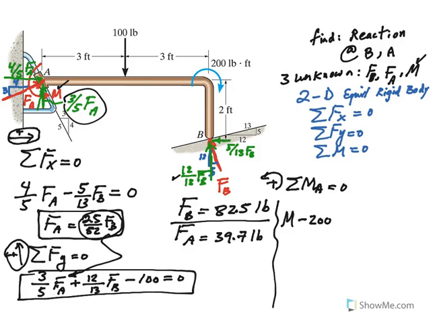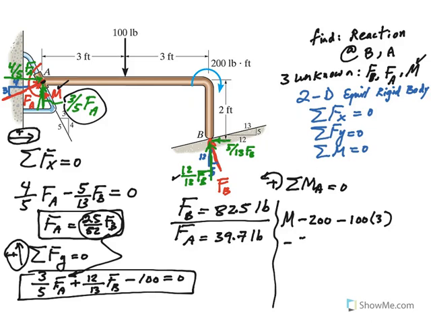And then the moment of 100 about A, that would be 100 times 3, also negative. And what else? Obviously, F sub A doesn't have any moment about A, since it is acting at A. That leaves the components of F sub B, which I've already broken into X and Y directions.